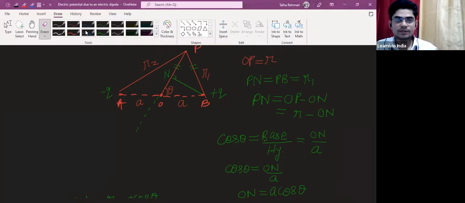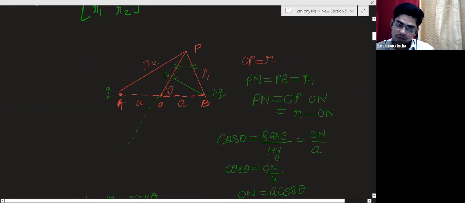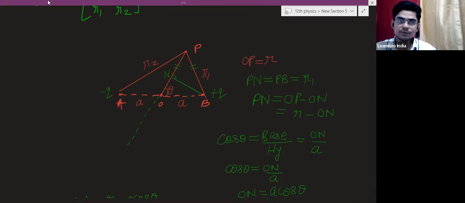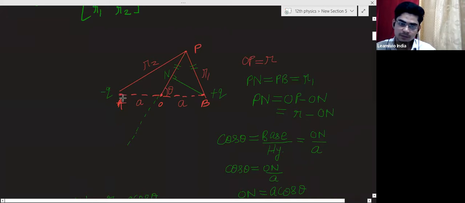I have extended this line OP, and now I will draw a perpendicular from this point A on this extended OP line. It is better to draw a perpendicular from here like this.